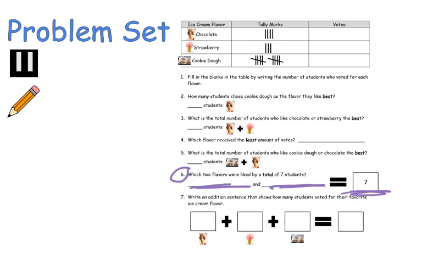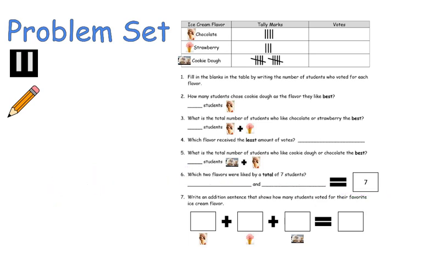So you need to find out what and what makes 7. You have 3, 4, and 10. Which numbers make 7 when you put them together? That's your hint for that one.